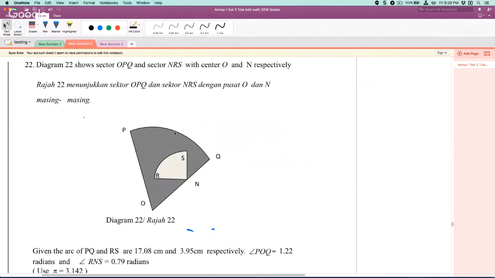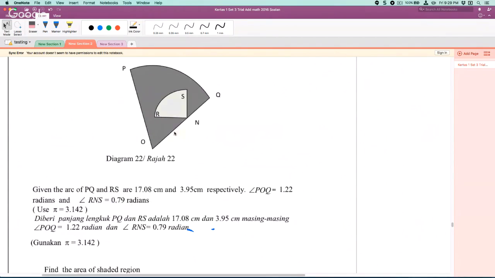Okay, for this question, OPQ and NRS are both sectors with center O and center N respectively. Given that the arc PQ is equal to 17.08, and the arc RS is equal to 3.95.